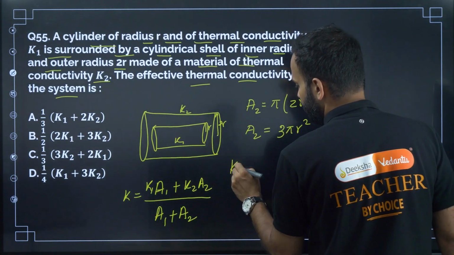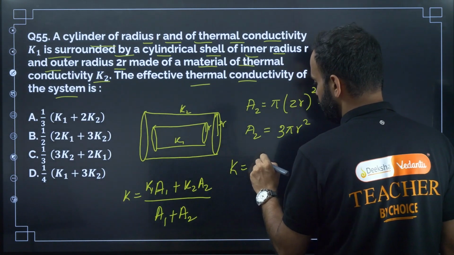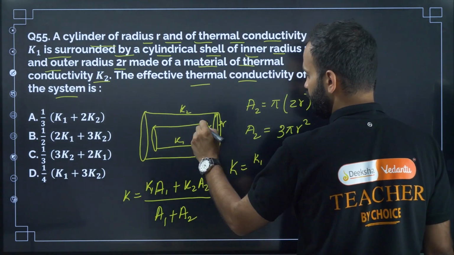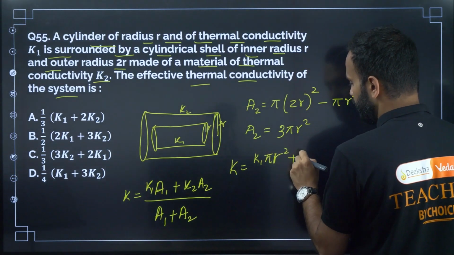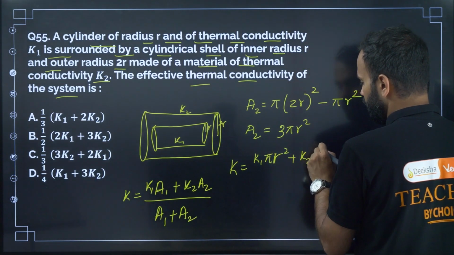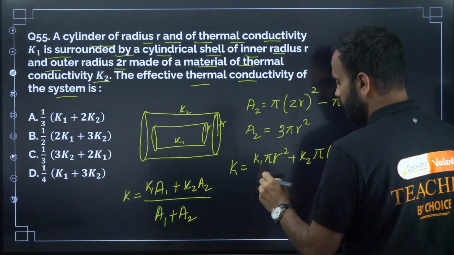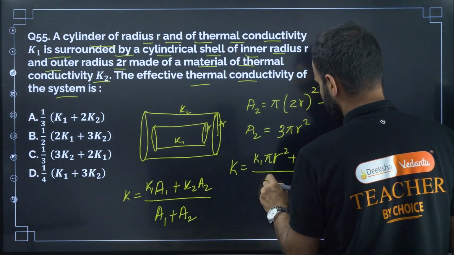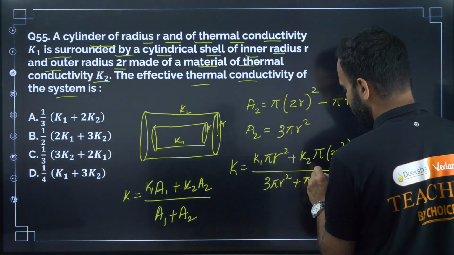So now K, the net conductivity or effective thermal conductivity of the system. K1 into A1, A1 is here pi r square, plus K2 into pi into 3r square, whole divided by A1 plus A2, that is 3 pi r square plus pi r square.